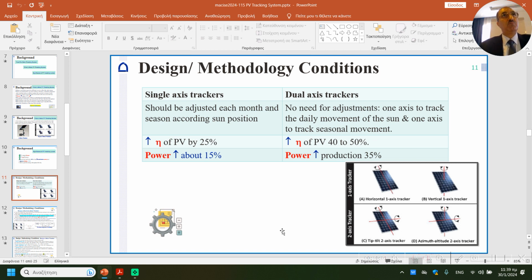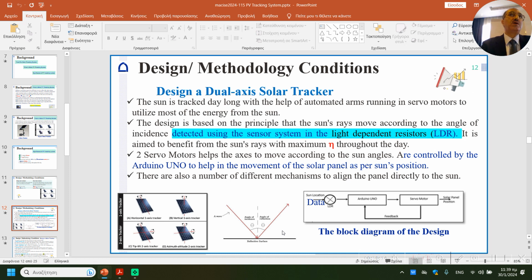It will move in all directions, and it will increase the efficiency of the solar panel by about 40% and increase the power production by 35%. And this is why we like to use the dual axis solar tracking system, and this is our design here.